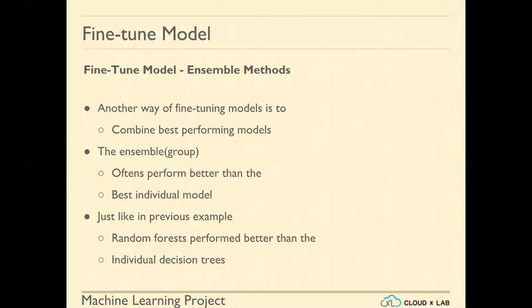Okay, good question. The question is, what does combining models mean? Combining models means, let's say we are trying visual detection of images. One particular algorithm works great on identifying letters.